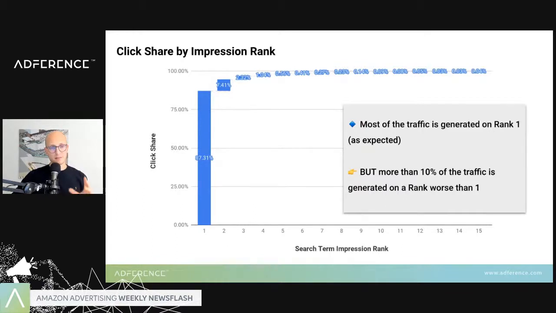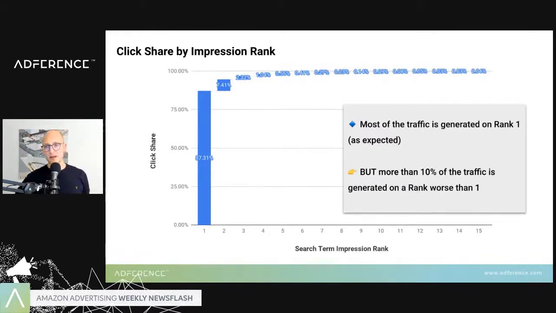And this is what we see here. If the search term impression rank is 1, you are very likely to get the most click share. The lower your impression rank is, the lower your click share is. This is something that we expected all the time, but it's quite good to just see this in Amazon data, because to actually see the data is quite interesting.